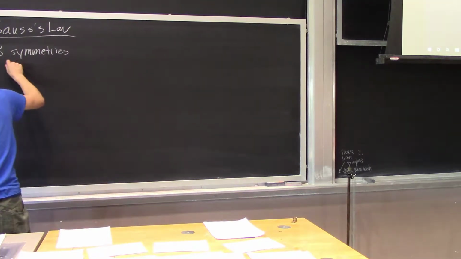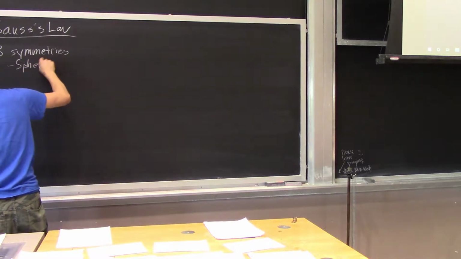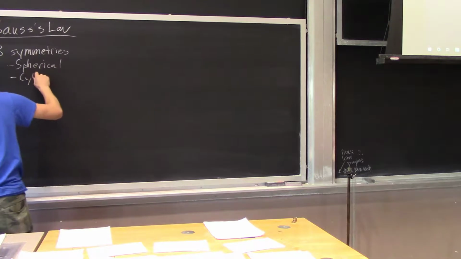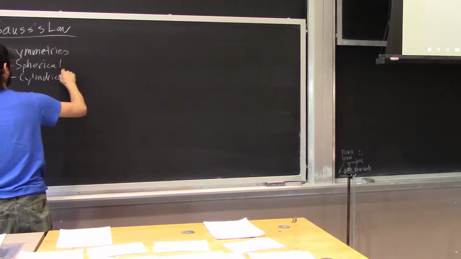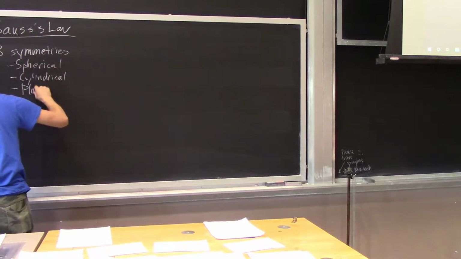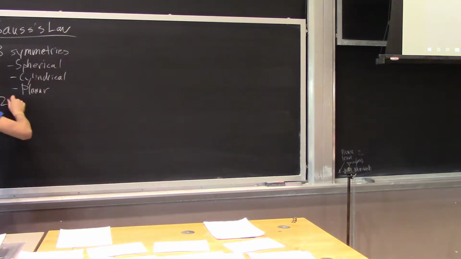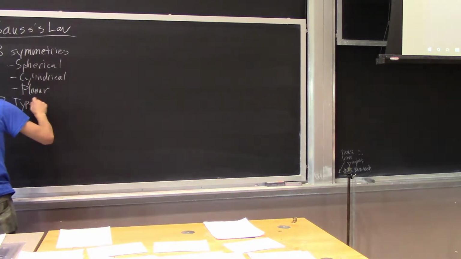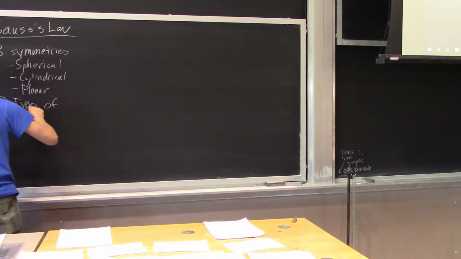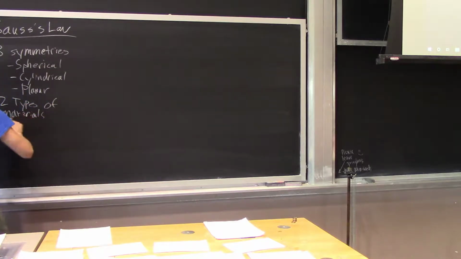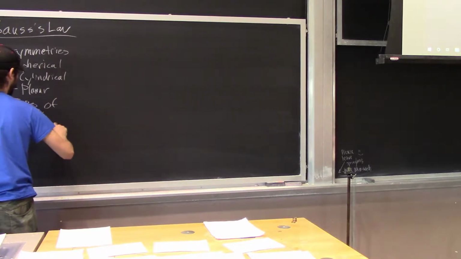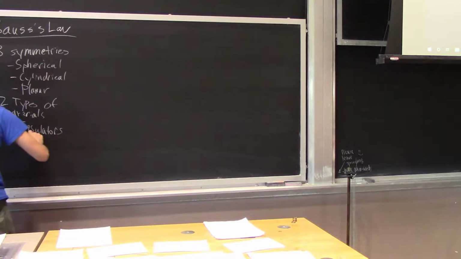These were our spherical, our cylindrical, and our planar. And then there were 2 types of materials. So we had insulators and conductors.